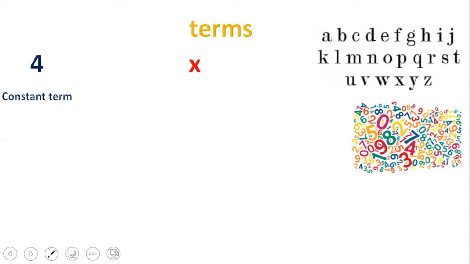In algebra, we call numbers constant terms. 4 is a term, it is called a constant term. And x is a term, it is called a variable term.